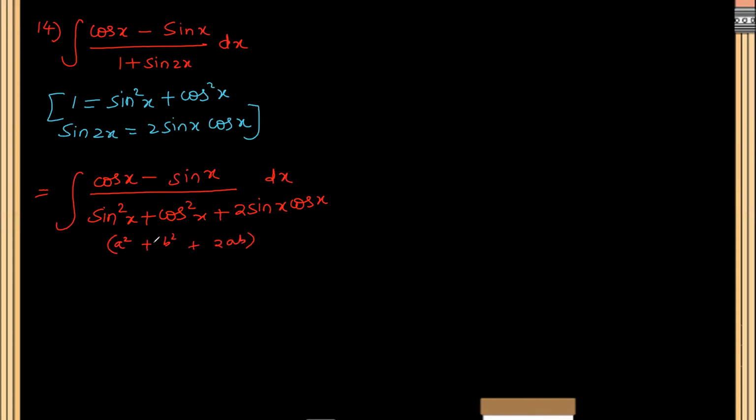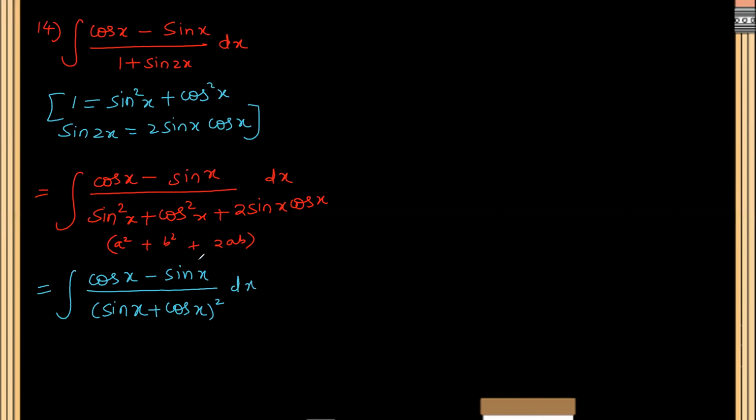We can reduce it as (a plus b) whole square. Now we can rewrite this as (cos x minus sin x) divided by (sin x plus cos x) whole square, or you can write cos x plus sin x the whole square. Anyway, both mean the same.